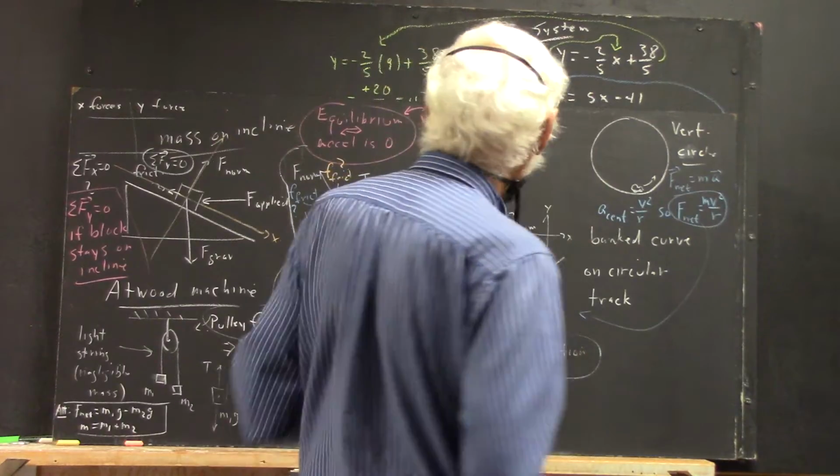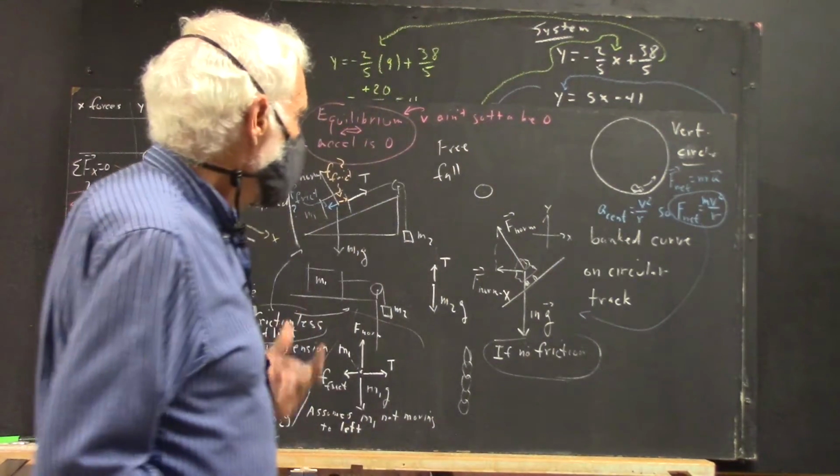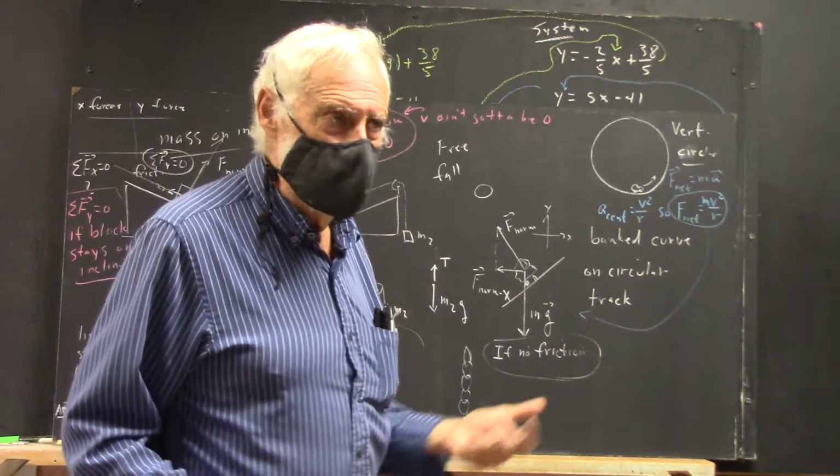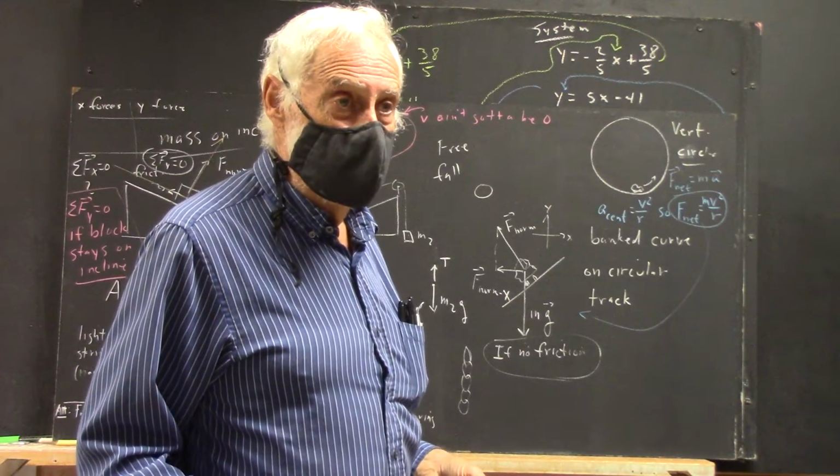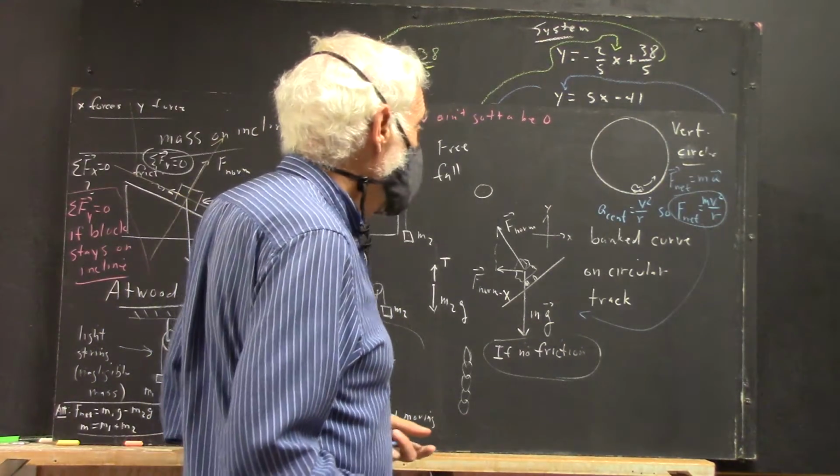Now, vertical circles confused me when I first saw them. They confused me, so I assume they confuse a lot of people. So you've got a mass here.